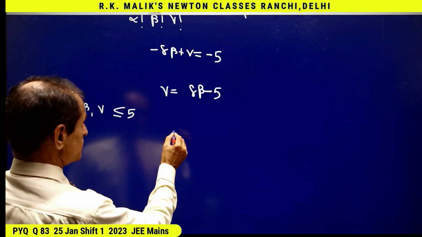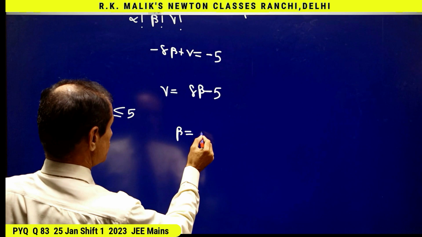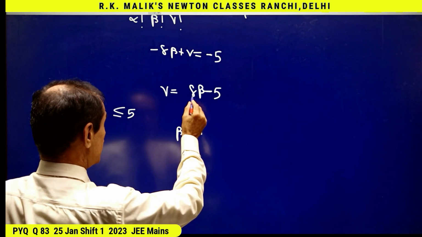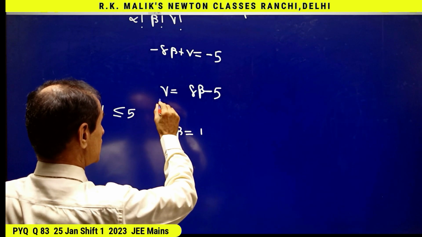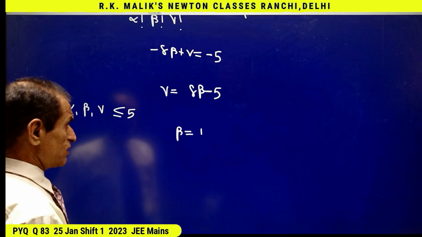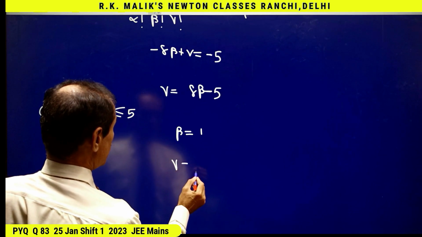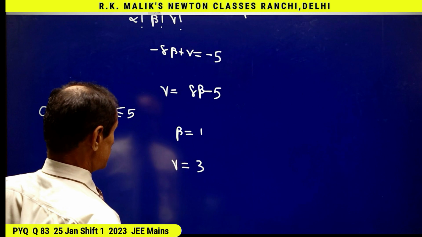Take first case beta as 1. I can't take the value of beta as 0 because in that case gamma will become minus 5. If I take beta as 1, I get the value of gamma as 3.